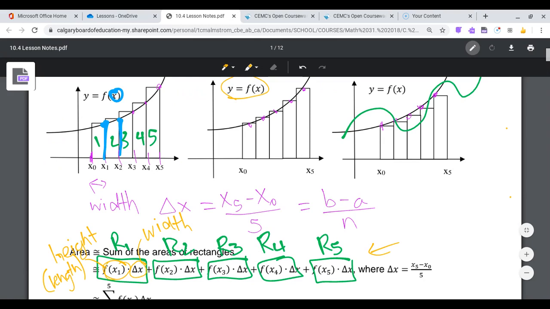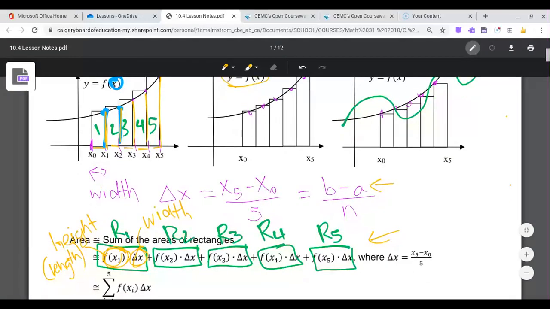We have f of x1, that's this height right here, and then the width is the change in x. And the width on every single rectangle will be the same, and it's calculated by this formula that we were just looking at, okay? And so we have the width multiplied by each individual height. So the height of the second rectangle, the third rectangle, the fourth, and the fifth for this particular one.